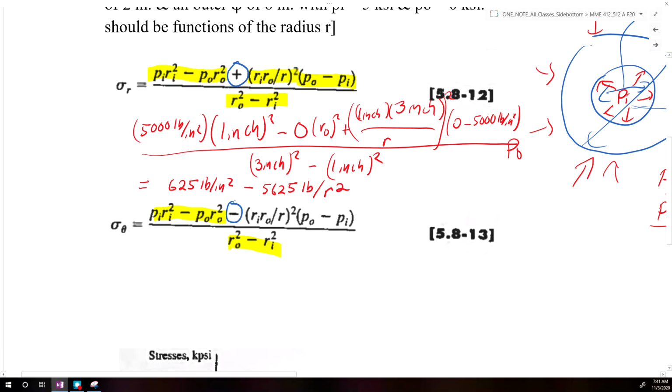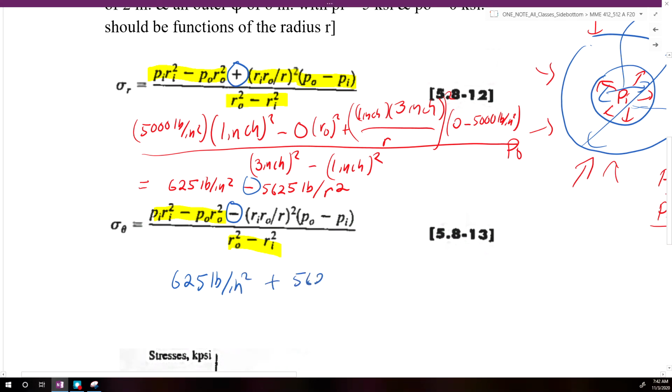So the only thing that we have to take into account is that difference in sign. We're just going to change the one term in this equation. So sigma theta would be equal to 625 psi plus 5625 pounds divided by the radius squared.